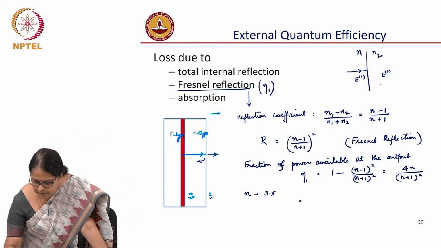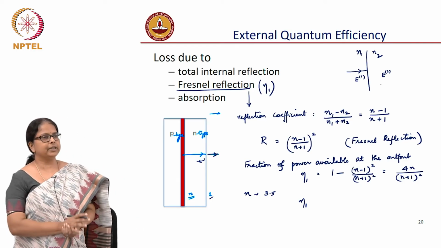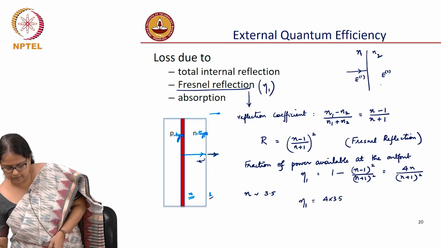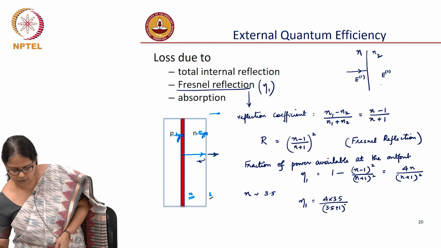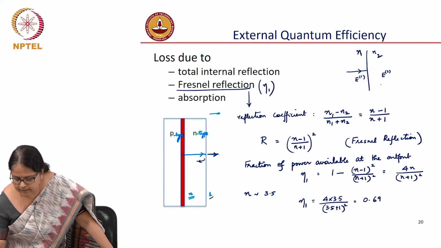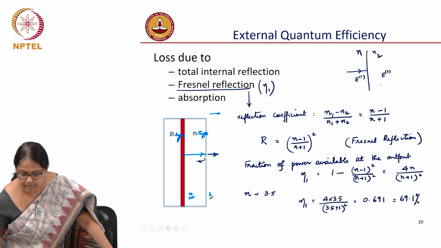So, can you calculate what is eta 1 because of Fresnel reflection? This is nothing but 4 into 3.5 divided by (3.5 plus 1) the whole square, 0.691, which I can write in percentage as 69.1%.